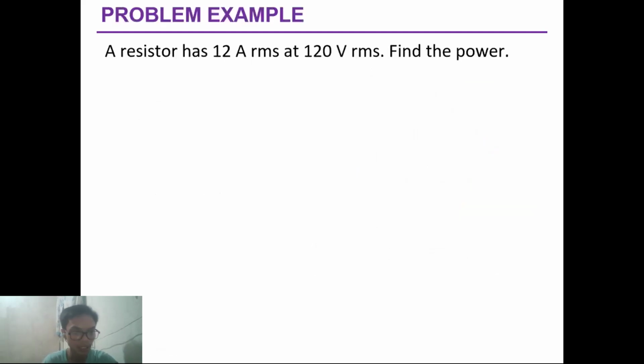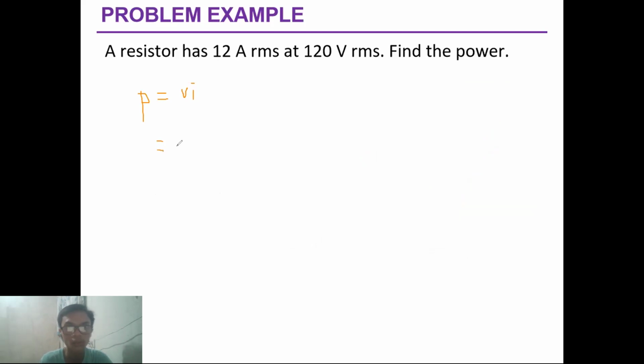And we have here an example for this. So let's try to solve this. Power, small letter p, is equal to small letters vi, instantaneous current and instantaneous voltage.